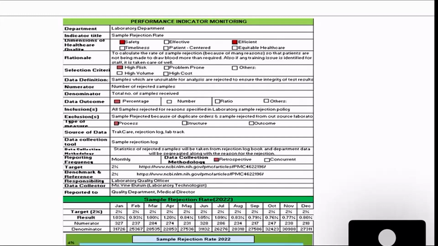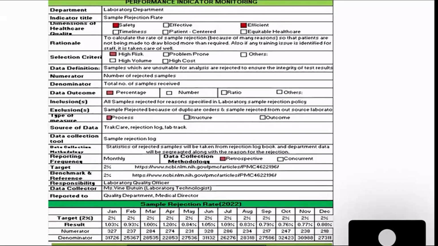Inclusions and exclusions are also very important, because it has to be very clear to all the stakeholders involved in this KPI monitoring what is to be included and what is to be excluded. Then what type of measure it is going to impact, either process, structure or outcome, and how it is aligned with the main quality elements.